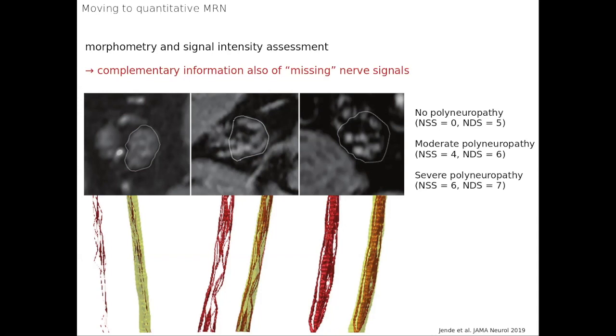In patients without polyneuropathy on the left side and with moderate or severe polyneuropathy, you have an augmentation of the missing nerve signal within the peripheral nerve. So these aspects of the morphology or signal behavior can be assessed quantitatively.